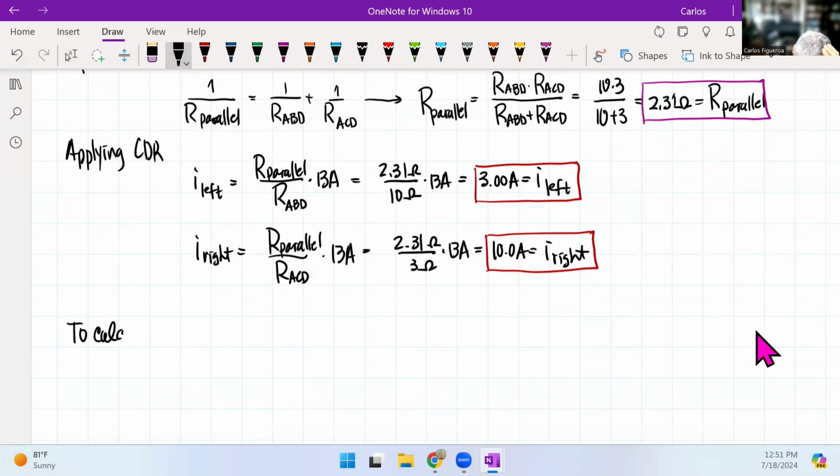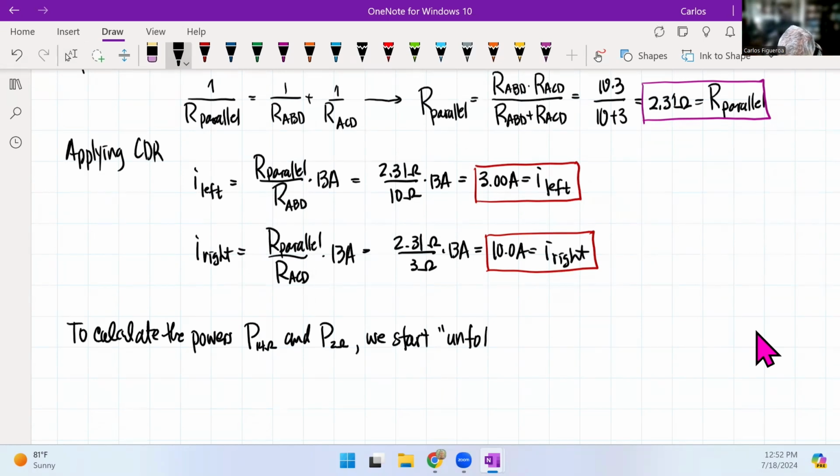To calculate the powers of the 14 ohm and the 2 ohm, we start unfolding these equivalent resistances.